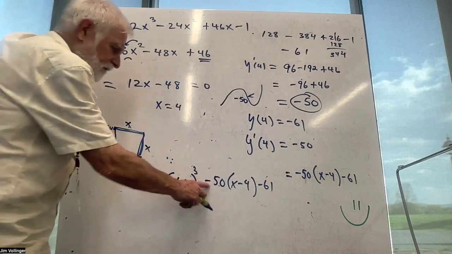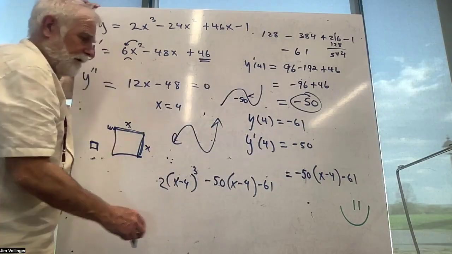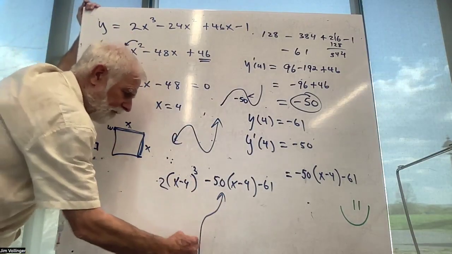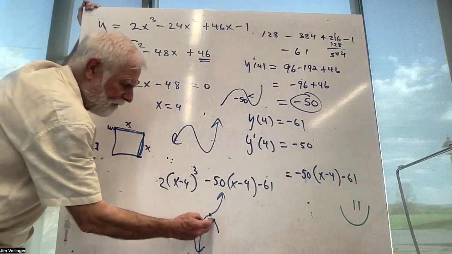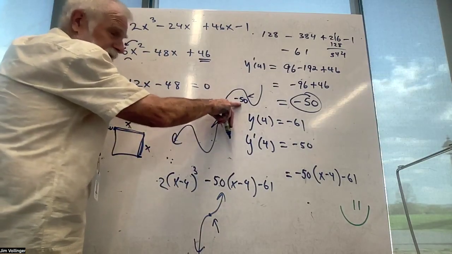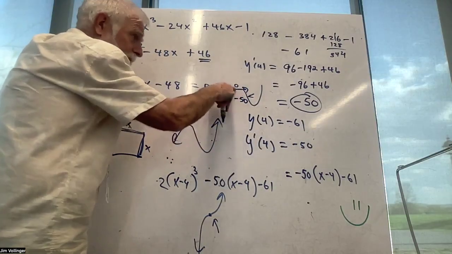Now, if this is a negative number and that's positive, then you're going to get maxes and mins. If this was positive, then things would always just be going up. But at the point of inflection, which is about here, you're going up at a minimum rate. That's a minimum rate. It's got more magnitude than 0, but that's a smaller number than 0.